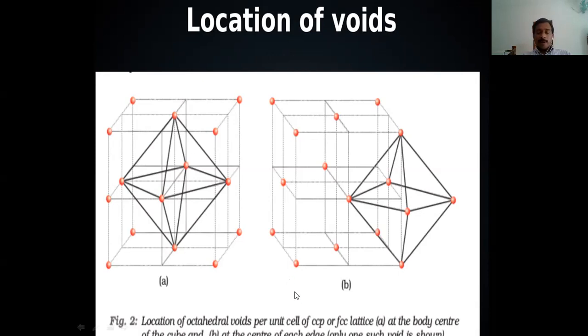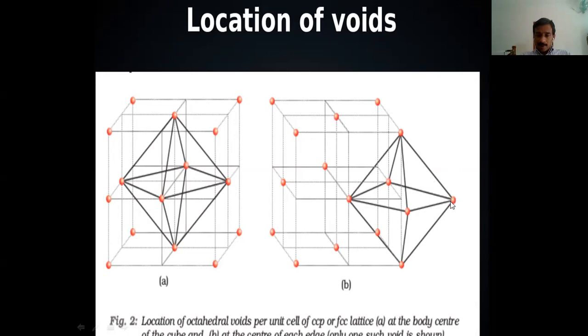But we can identify the octahedral voids are not limited to one unit cell, that is extending to the adjacent unit cell. That is why this particle does not belong to this unit cell, that is extending to the adjacent unit cell. Therefore, this octahedral void does not completely belong to this unit cell.